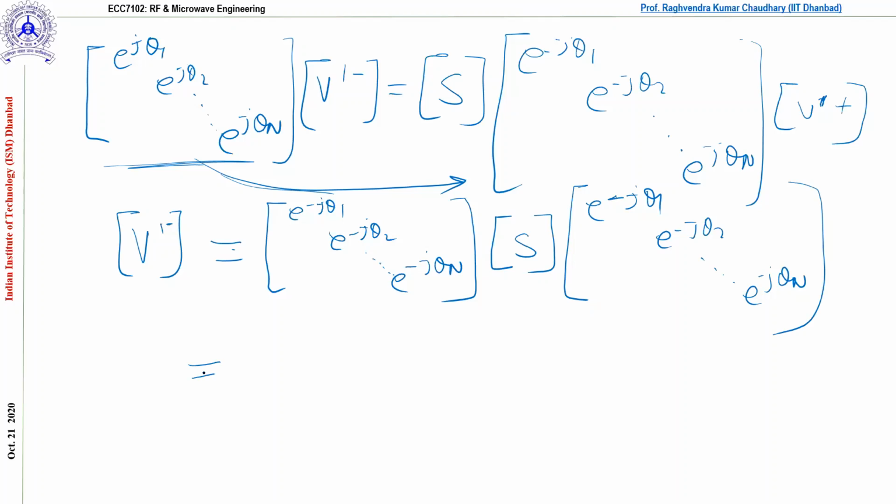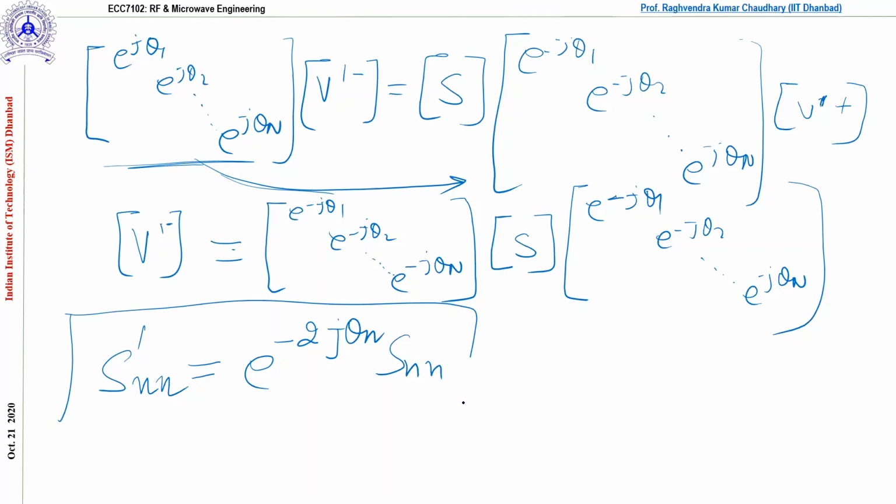If you combine them, it is very clear that the electrical lengths will add, meaning it will be minus j2 theta 1. So it is better to write like this, S n n dash is equal to, because all the elements will be like 1 1, 2 2, 3 3, like that, e to the power minus j 2 theta n times S n n. What does it mean?